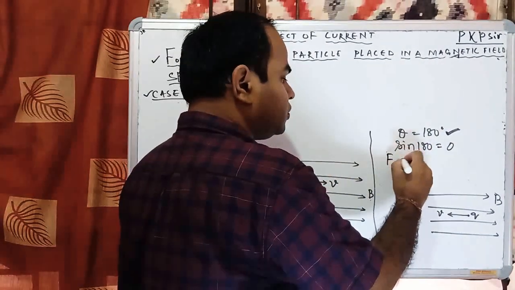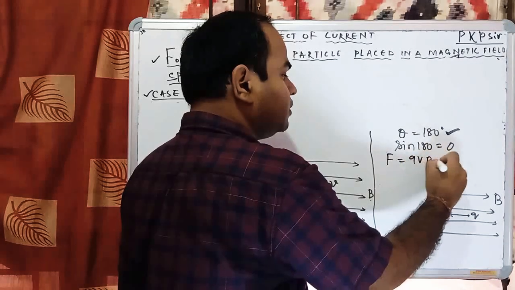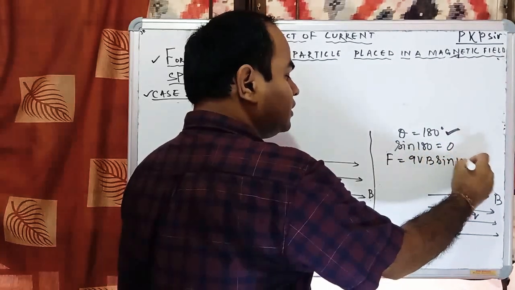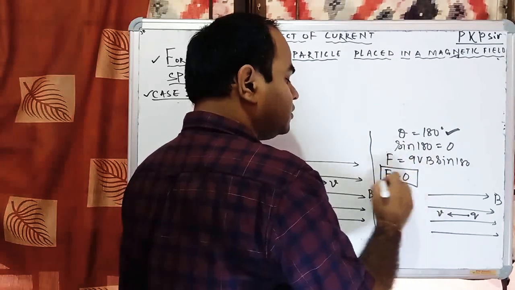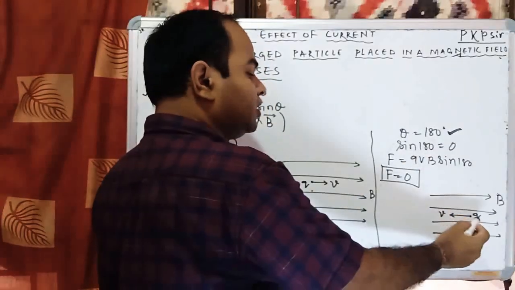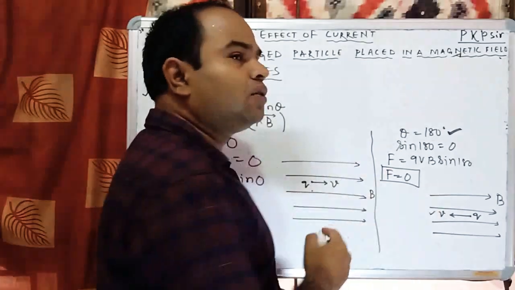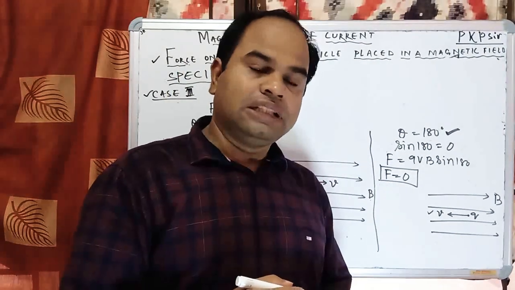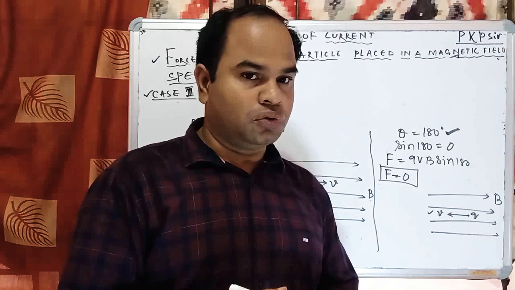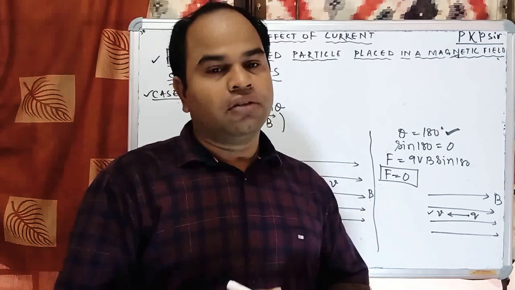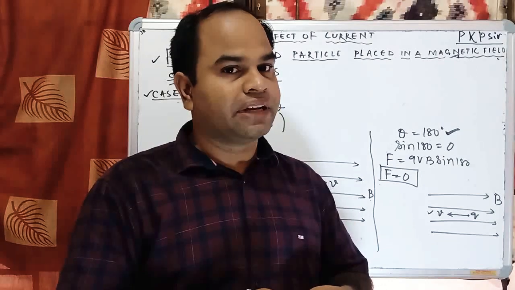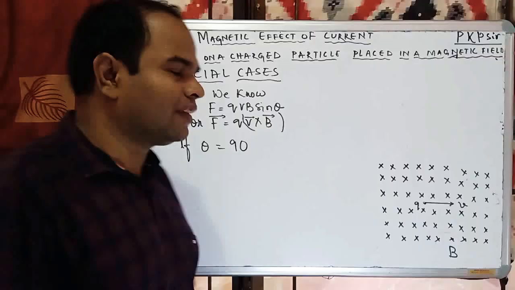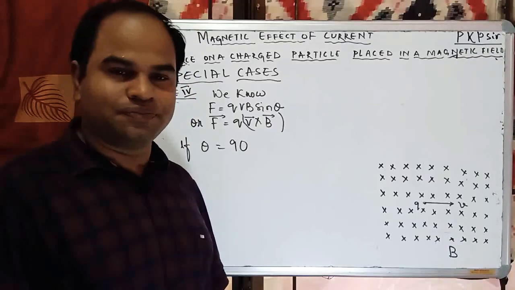So F is equal to QVB sin 180, that is equal to 0. So if the charged particle Q is projected anti-parallel to the magnetic field, then also it experiences 0 force. Or you can say, whenever a charged particle is projected either parallel or anti-parallel to the magnetic field, it experiences 0 force.